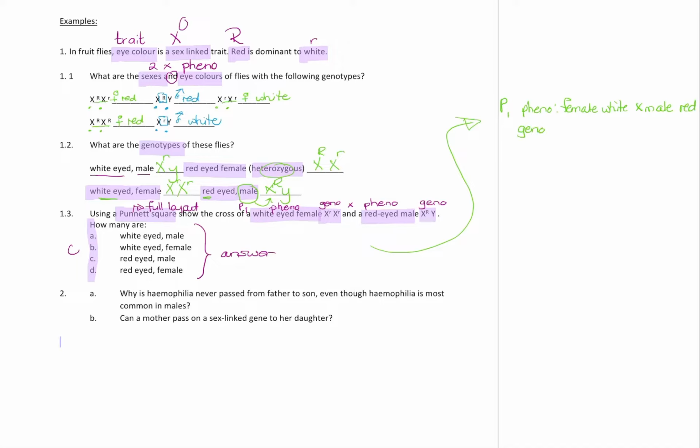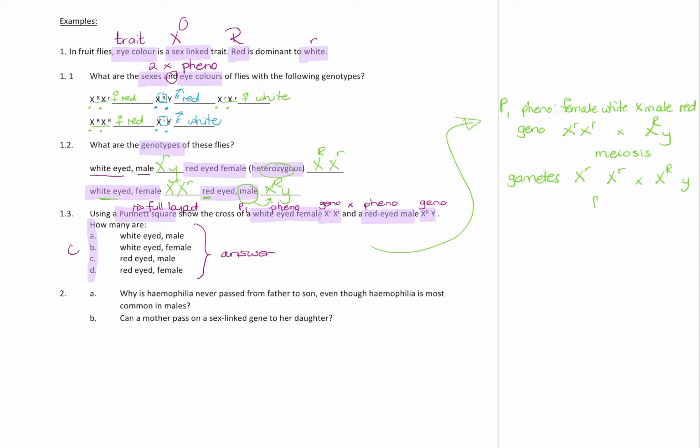The female's genotype is X small r, X small r, crossing with the male whose genotype is X big R, Y. Remember that the Y does not carry the condition. Right, meiosis must occur in order to make the gametes, and Mendel said that alleles must segregate in order to form gametes.